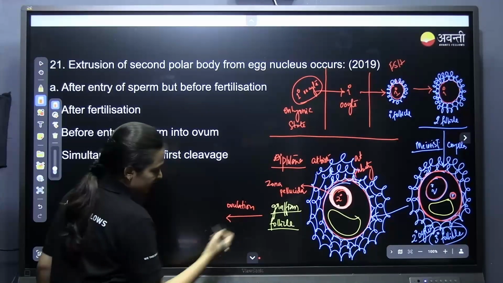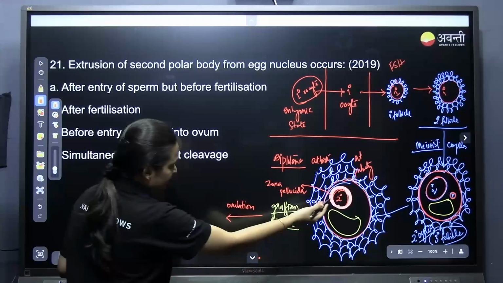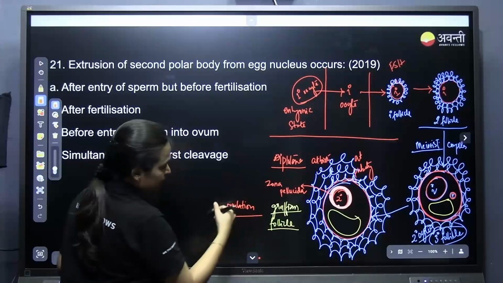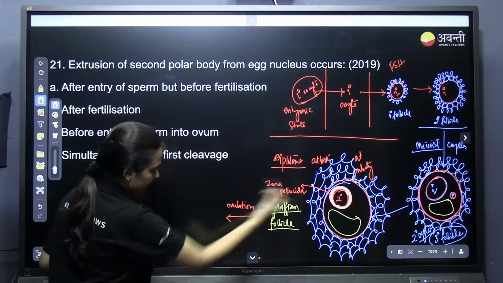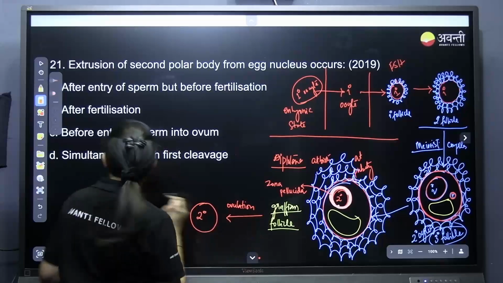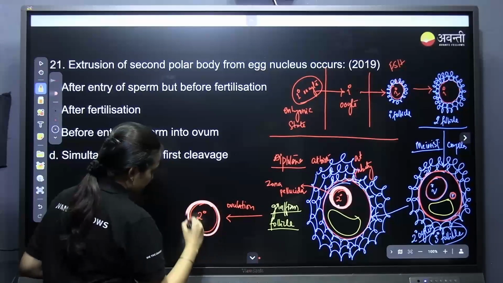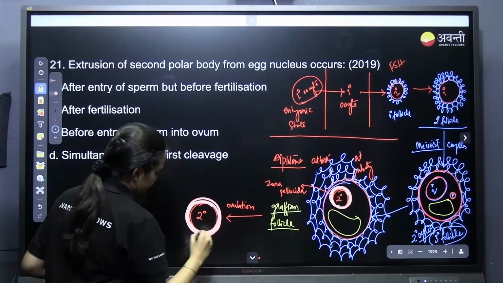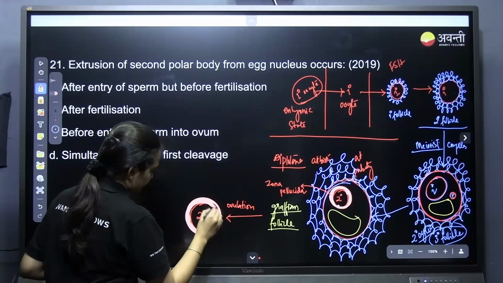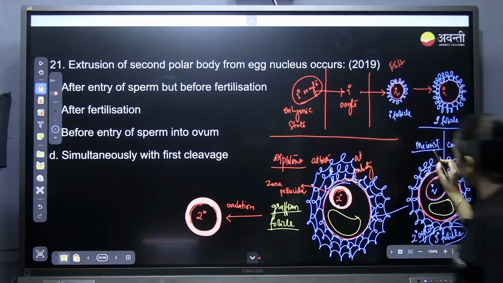When ovulation takes place, the Graafian follicle ruptures, and now the secondary oocyte will be coming out, and you can see the zona pellucida also here. Here meiosis 1 completes.